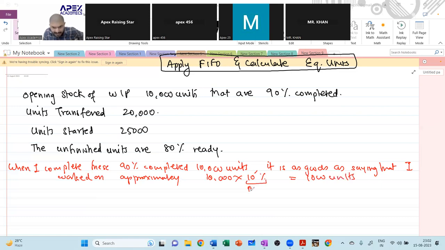Why? This was the balance work to be done. This was balance completion required. Give me a thumbs up if you understood this, yes or no.